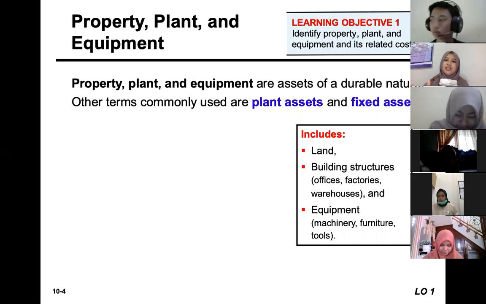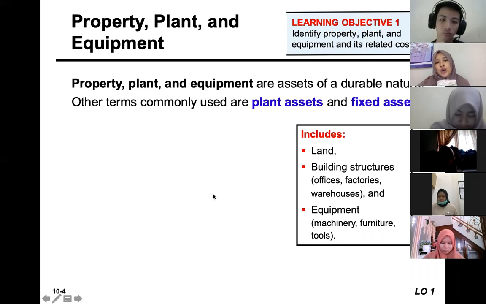Perishable is easily destroyed, like food, drinks, etc. So PPE are assets of a durable nature. Sometimes they are called plant assets, sometimes fixed assets, or long-term assets or non-current assets.